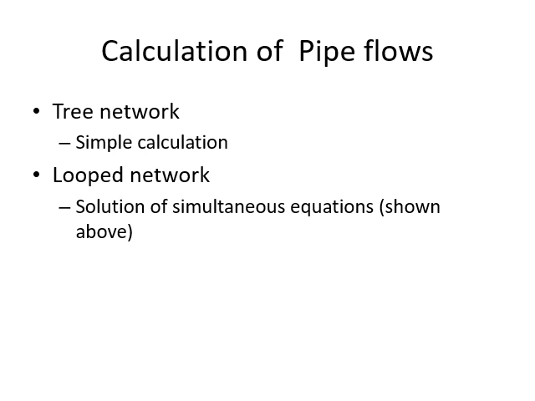How to calculate the pipe flows? For a tree network, it's a simple calculation because we go backwards until we reach the source. But for the case of a loop network, we need to solve a simultaneous set of equations, as we showed in the slides above.